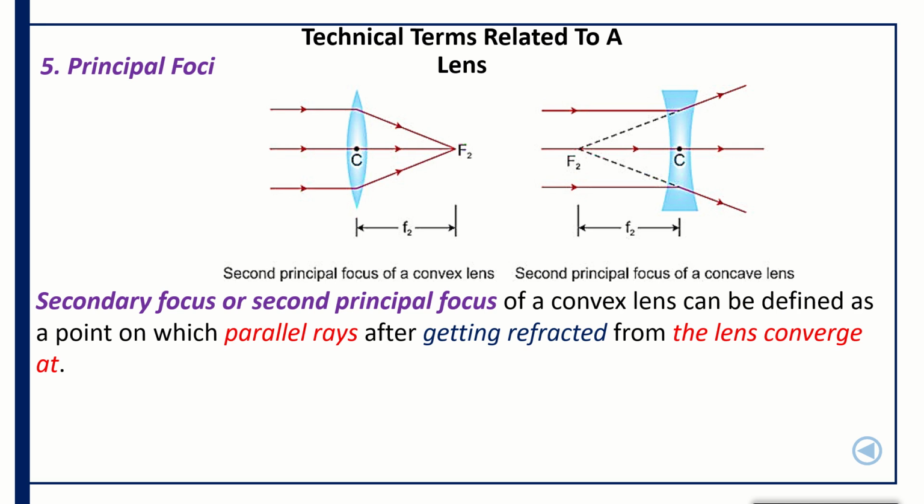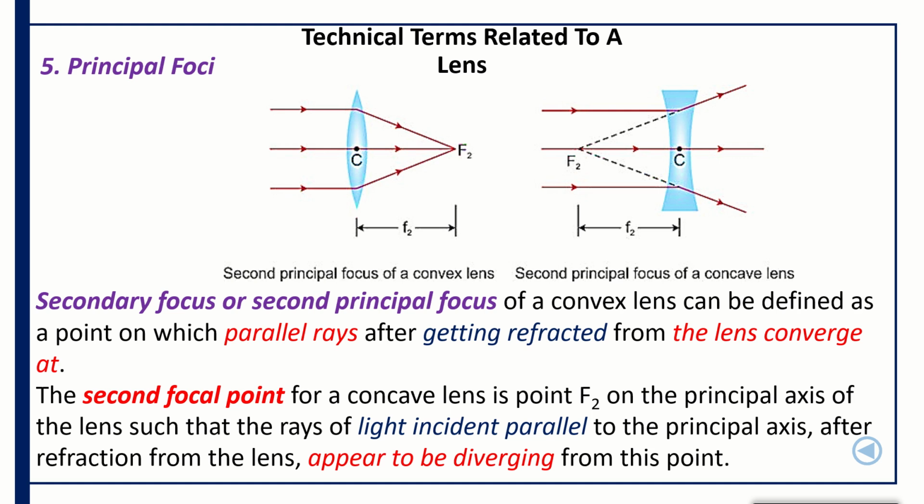Now in the case of a concave lens, if a parallel beam of light falls on the concave lens, after refraction it gets diverged, and if I extend the divergent rays of light, they will meet at one point on the principal axis. That one point is known as the secondary focal point for a concave lens.